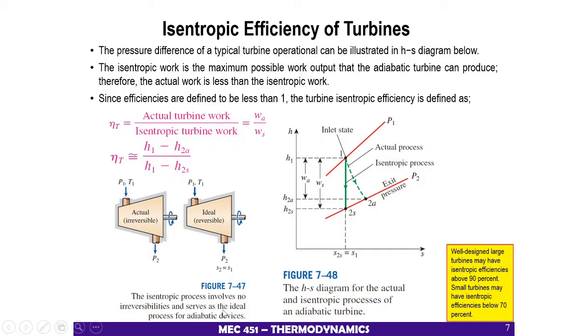This is your actual line and this is your isentropic line, so your actual is much shorter than the isentropic work.